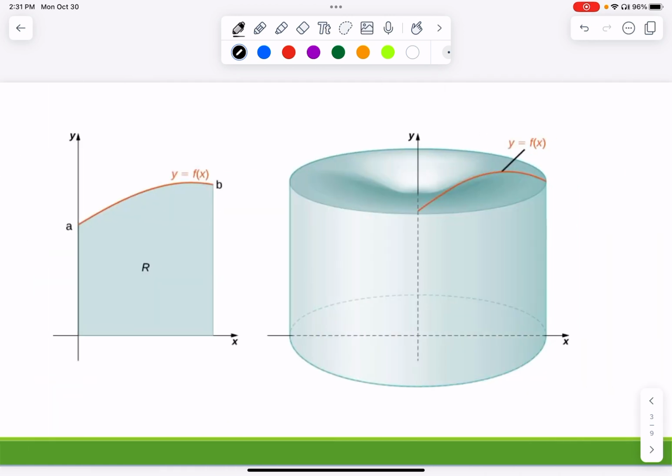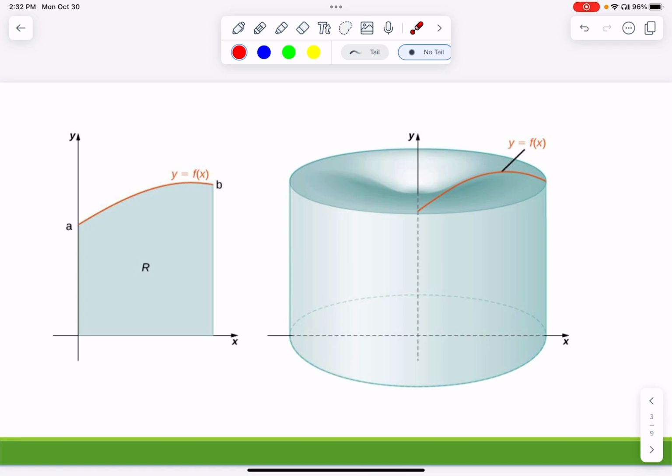So I have this area, and I revolve that area around, and I get a figure that looks something like this. So I'm taking this area and revolving it around, and I get a solid, I should say.